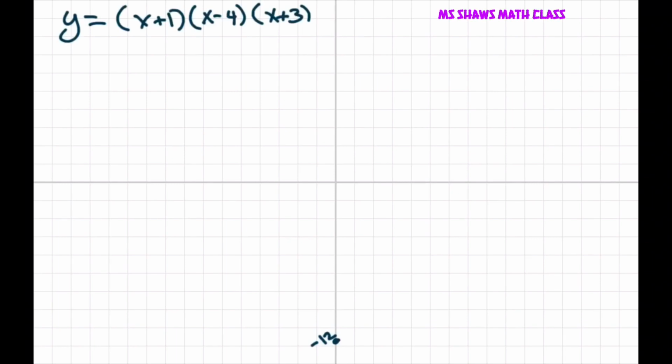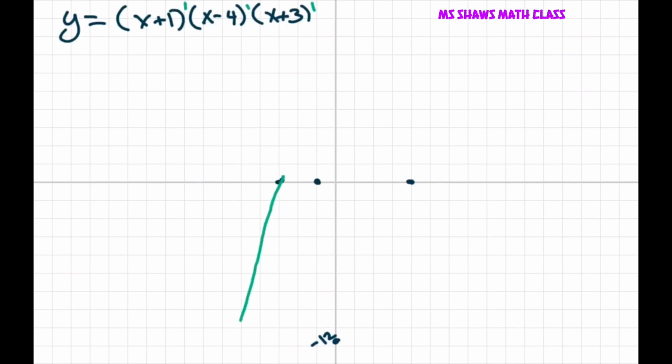Also, our x-intercepts, or our zeros, were at negative 1, 4, and negative 3. Since all of these are odd powers on the factors, it's always going to cross the x-axis. So we're starting in quadrant 3.